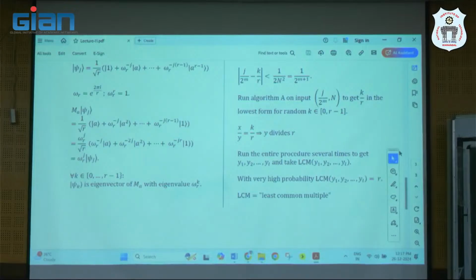So you take this y1, run the whole procedure one more time, get y2. Each time those y's are dividing r, correct? So their LCM must divide r. The lowest common multiple of all the y's must also divide r. Agreed? Yes?